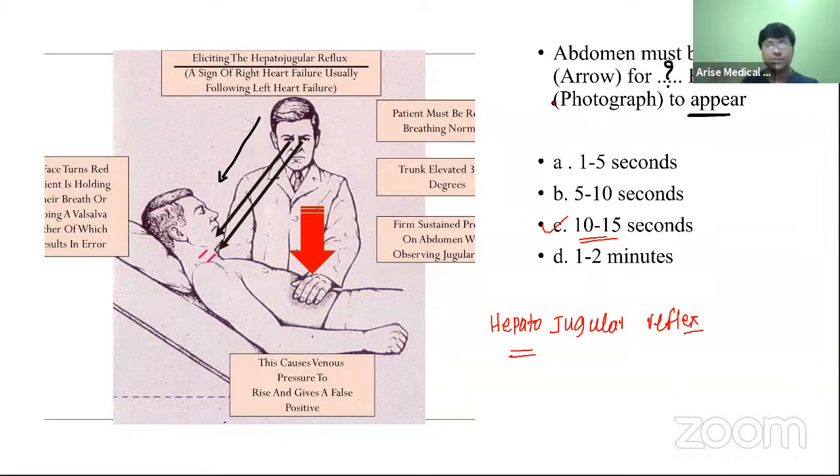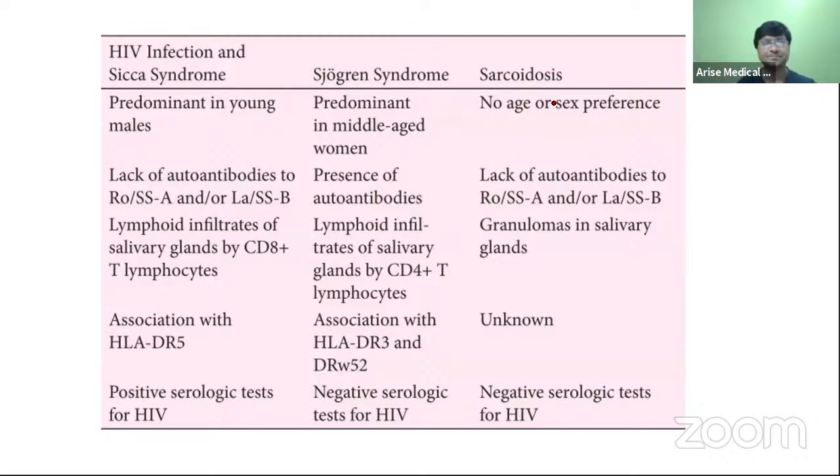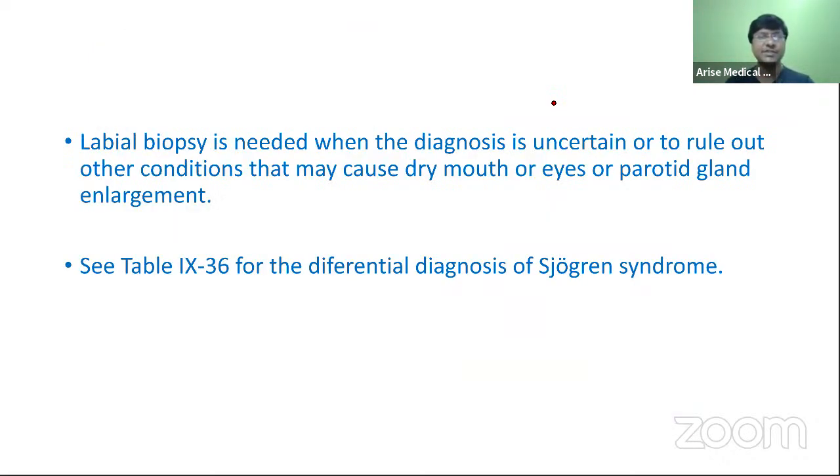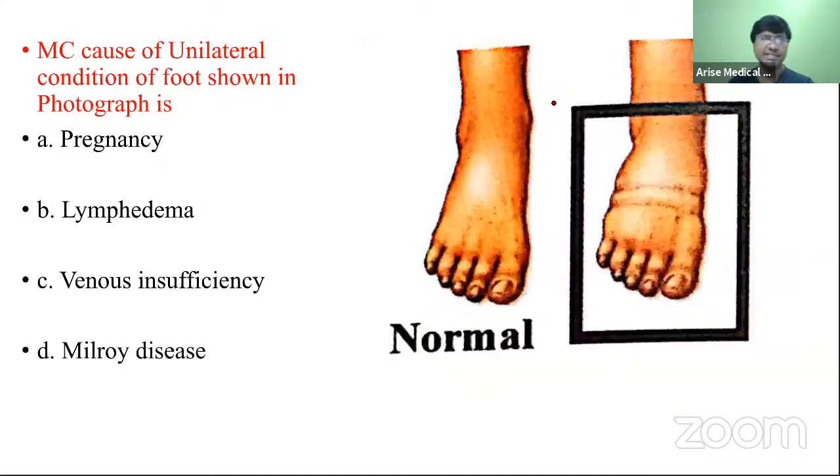Now, let me just revise all the image-based and clinical-based questions we have discussed for today. A very important take-home message of this question is that the most common unilateral condition where you have edema is venous insufficiency. Whereas in pregnancy, you will have physiological edema of both the lower limbs.